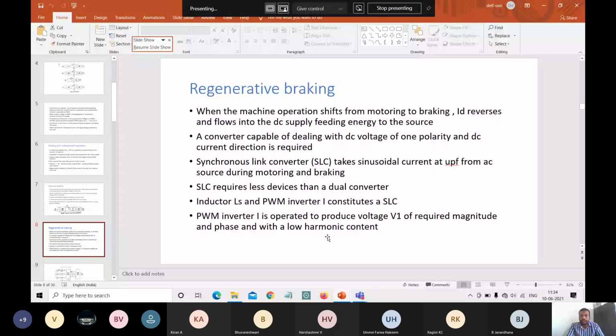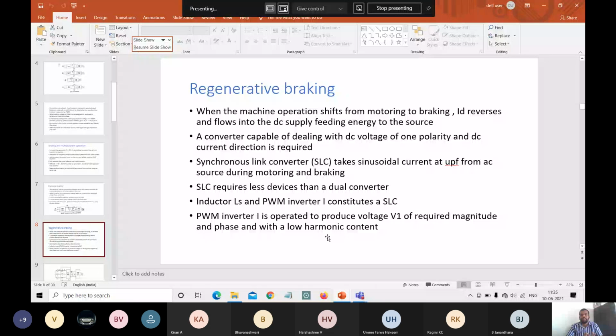So what is the working of SLC? SLC is nothing but our synchronous link converter. So this takes the sinusoidal current at unity power factor from the AC supply at the time of the braking operation, at the time of changing from motoring to braking.